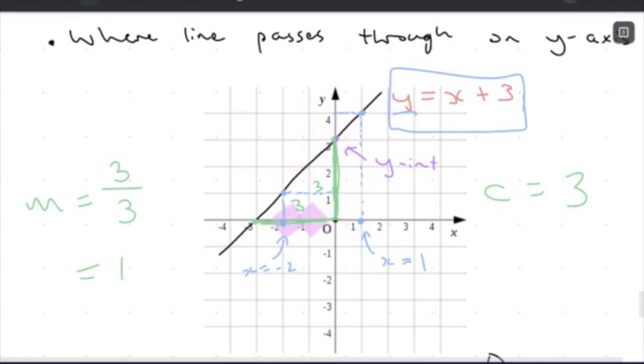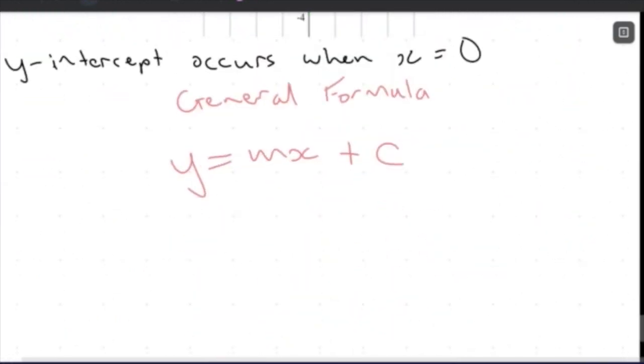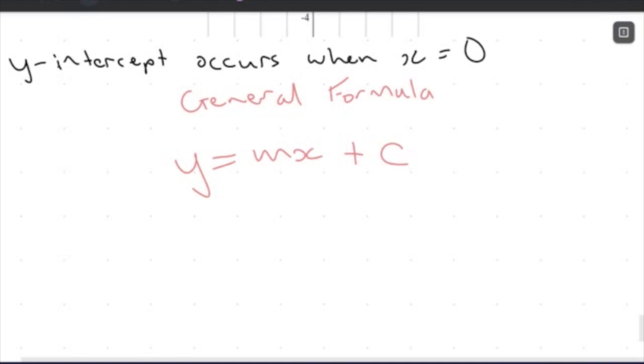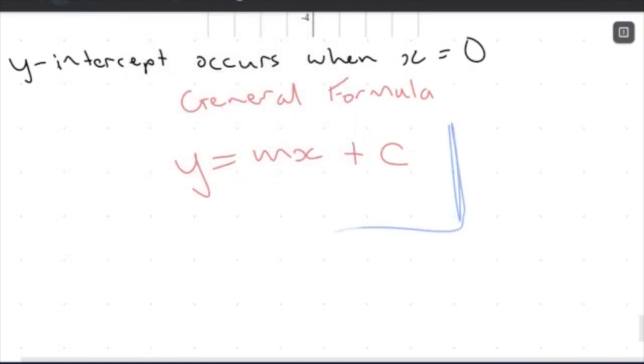Now, we covered a lot in this video. So just to backtrack, the definition of the y-intercept is the point along the y-axis where the line passes through it. We also came up with a general formula for the equation of any line, any linear relationship.